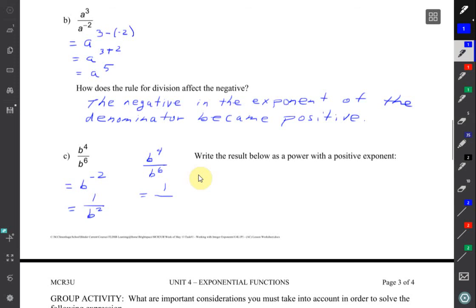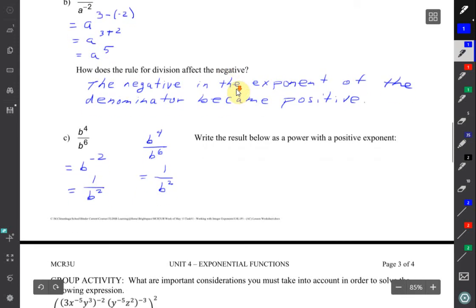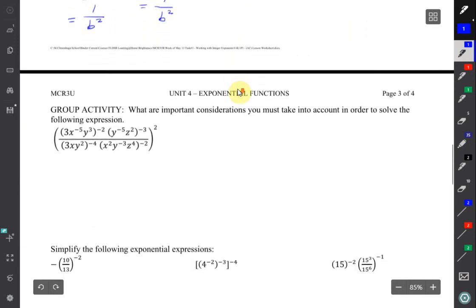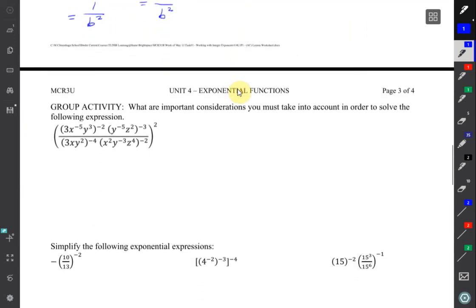So 6 minus 4 is 2, and I started down in the bottom, right? I did 6 first, minus 4. That gave me 2, so I left my answer in the denominator. And so here are our two results that this is asking for. And those are all of the special rules that we need in order to work on these questions.